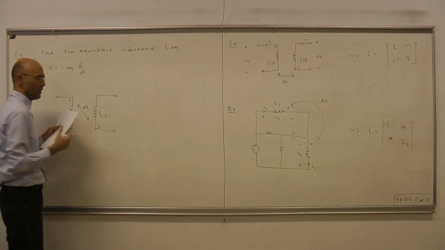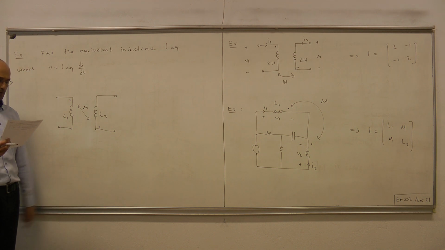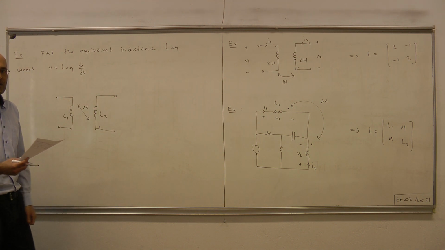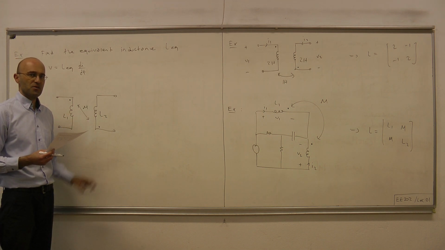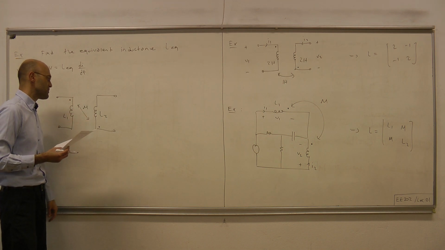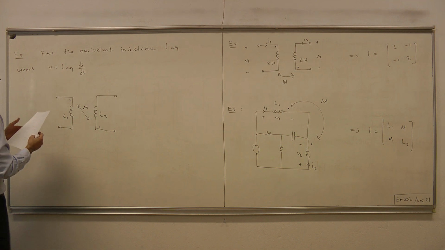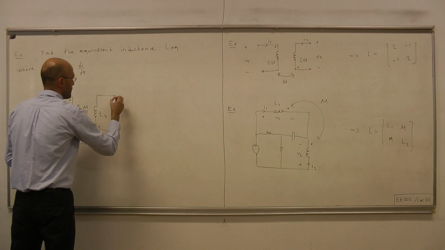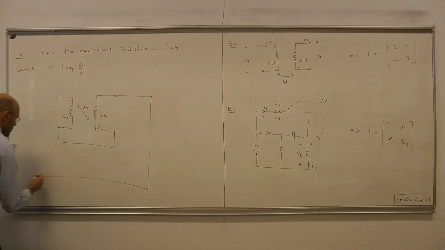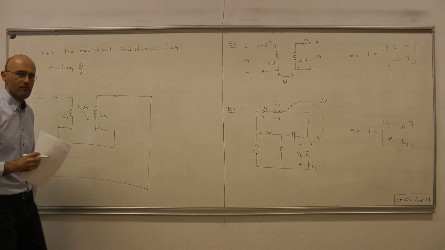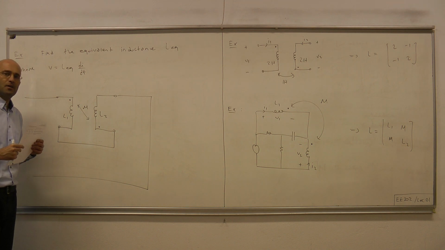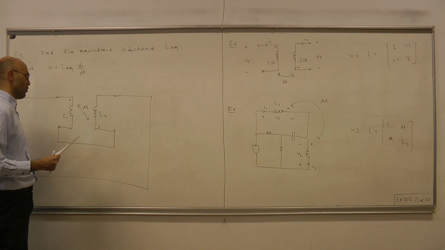L1, L2. Okay, so this is our four-terminal device, a pair of coupled inductors. And from this four-terminal device, we obtain the following two-terminal device, okay, by shorting these two separate terminals and making a single node.